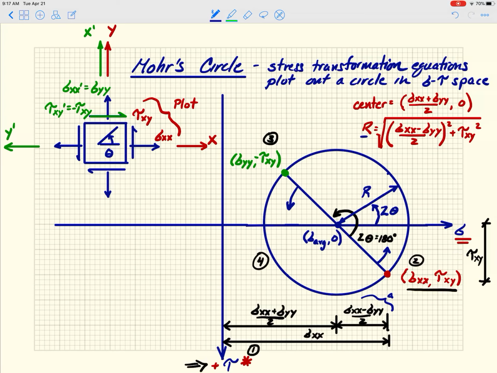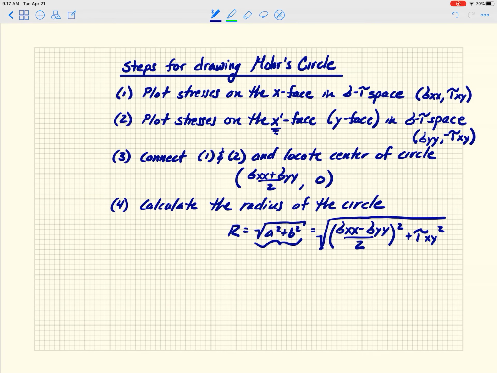Or the other way I could do it is I could call that A and that B, and then you can see the radius is just a squared plus b squared square root. So we're using these geometric relationships that we understand to remember some of these expressions that are really quite confusing. So that is step 4.